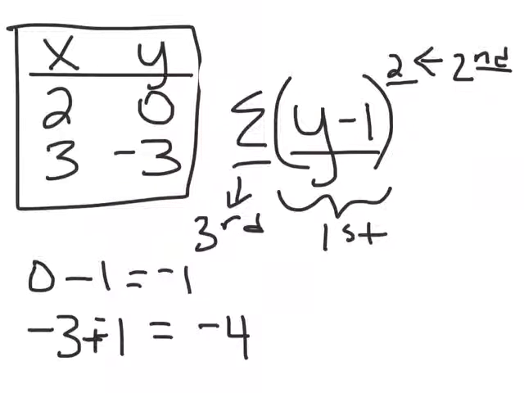So we're going to take each of those answers that we got in the parentheses and square them. We're going to take our -1 and square it, and our -4 and square it. So -1 squared equals 1, -4 squared equals 16, right?